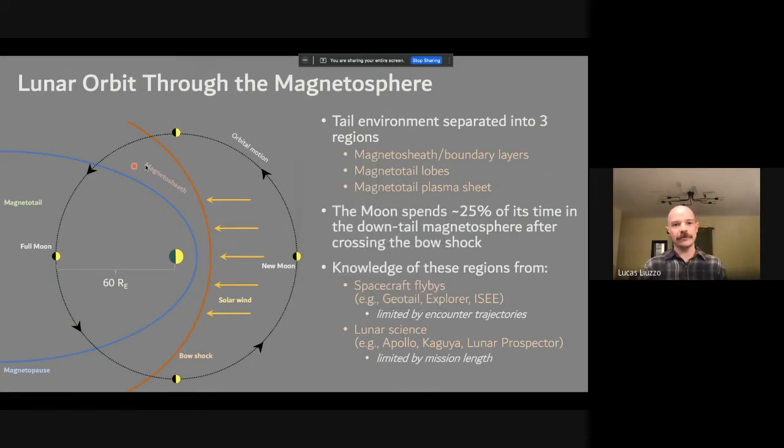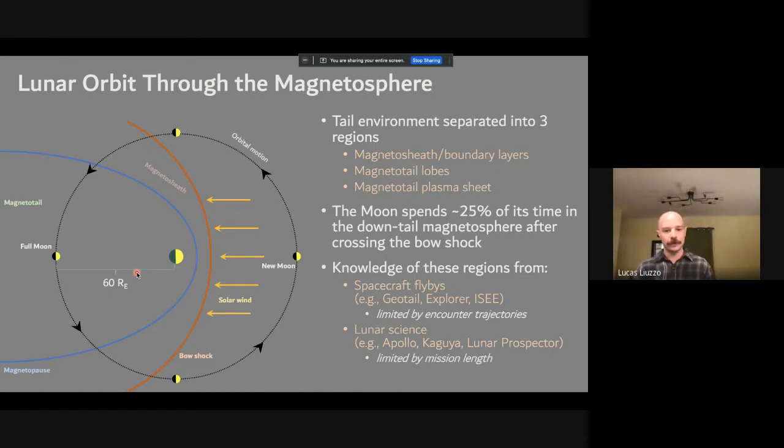Yeah, so this magnetosheath plasma is comprised of the solar wind that becomes shocked and forms the magnetosheath. Once you pass the magnetopause of the magnetosphere, which is defined by the pressure balance, you have essentially two regions in that magnetotail. The first is the magnetotail lobes, and the second type of region is the magnetotail plasma sheet.